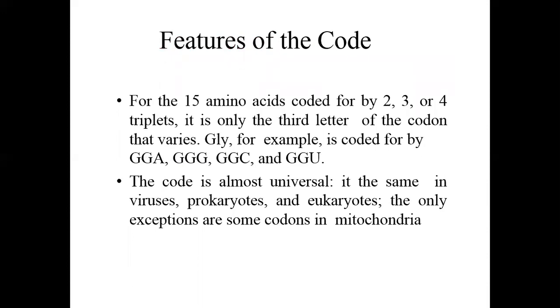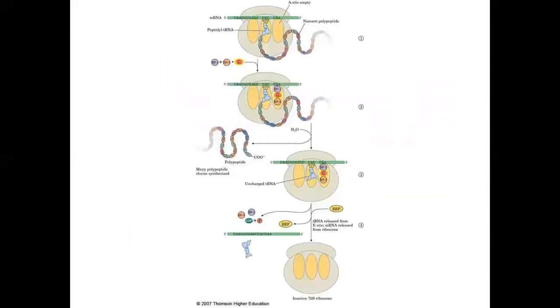The code is almost universal, and it is the same in viruses, prokaryotes, and eukaryotes. The only exception is that some codons in mitochondria may have another type of coding property, but the rest of the codons are almost universal.